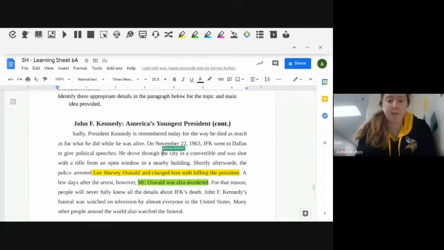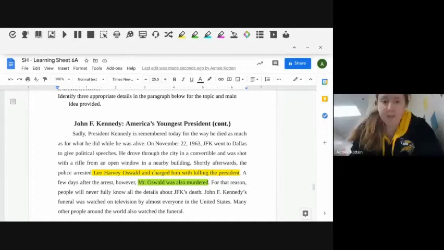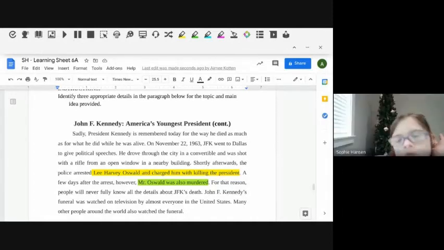Mr. Oswald was also murdered. Yep. Because he remembered about his president. Because he murdered the president, right? Yeah.